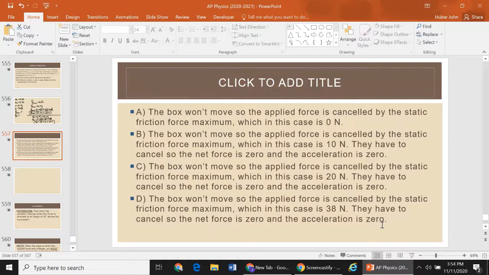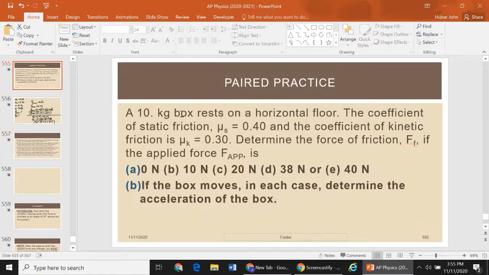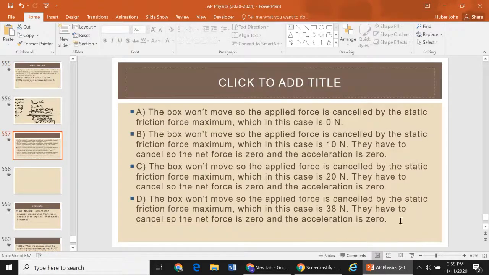Now, the last applied force given, 40 newtons, is larger than the static friction force maximum.